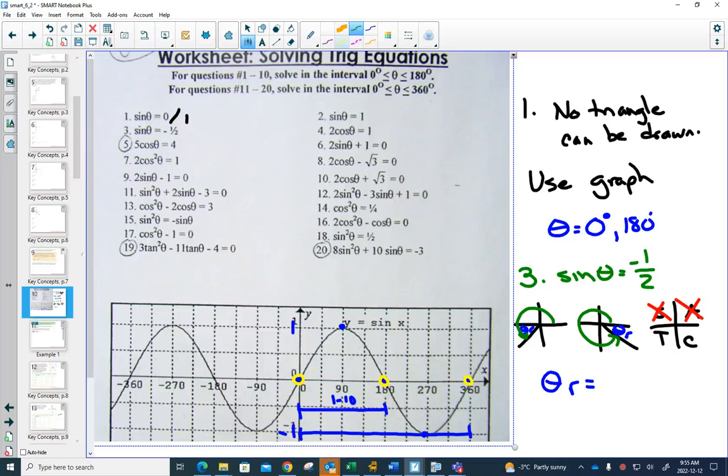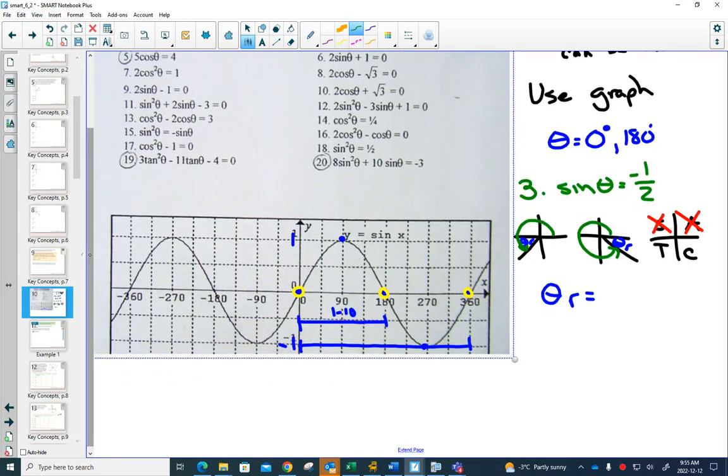So on our special triangles, we had this triangle for 60 degrees and 30 degrees. This is one of the triangles you have to have memorized. So can you see that sine of 30 degrees, opposite over hypotenuse, is 1/2? So our reference angle would be 30 degrees.